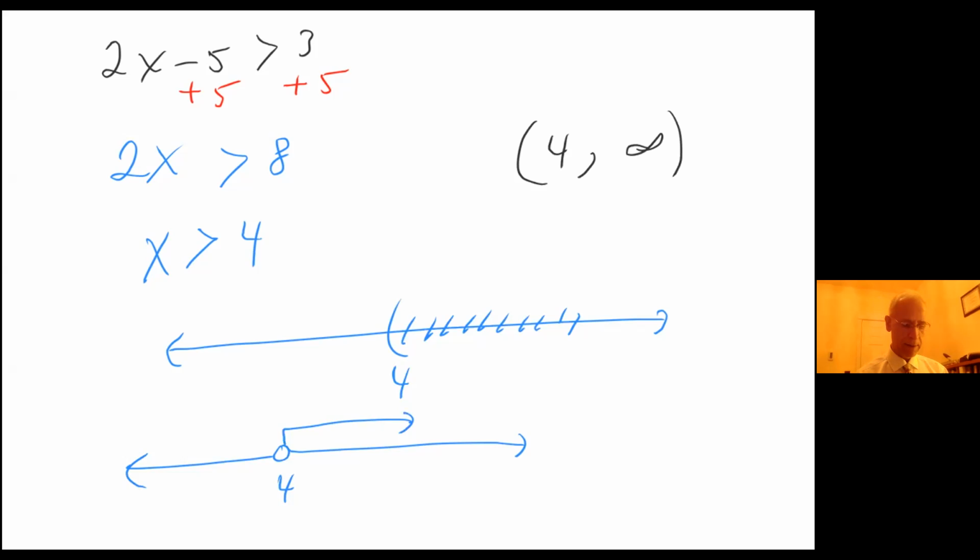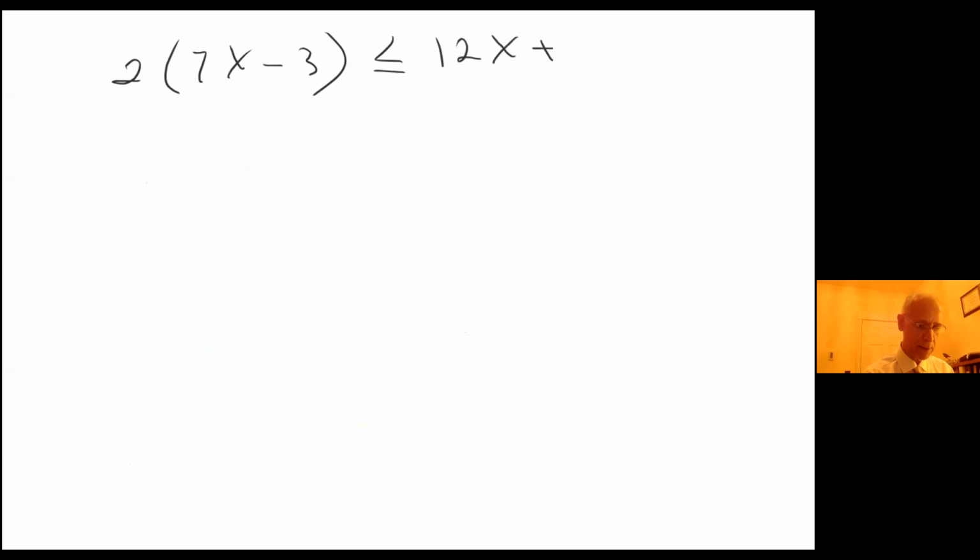Let's try another example. Suppose I have something like 2 times 7x minus 3 smaller than or equal to 12x plus 16.